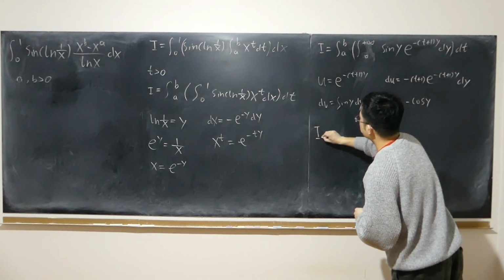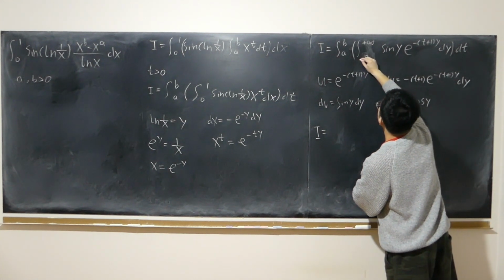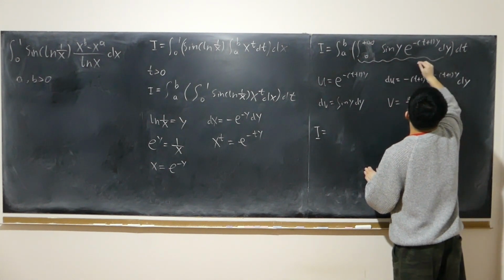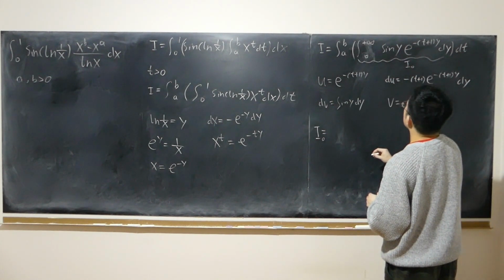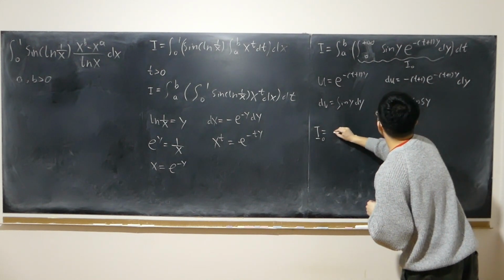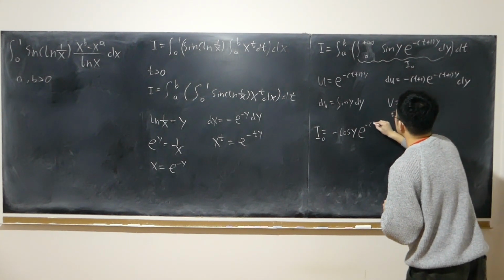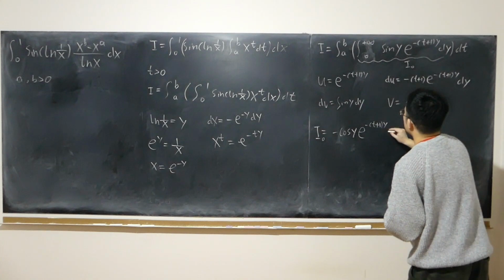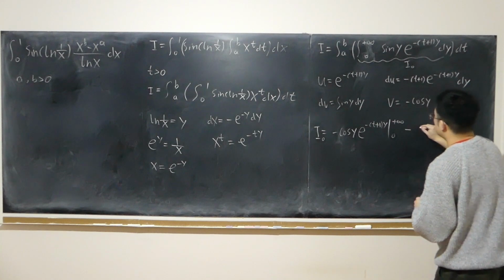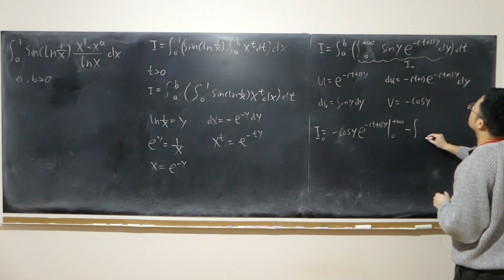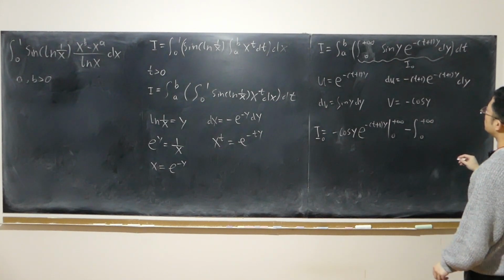So the integral, perhaps let's call the inside integral I naught. So I naught is equal to uv: negative cosine y times e to the negative of t plus 1 times y, from 0 to positive infinity, minus the integral from 0 to positive infinity of v du.